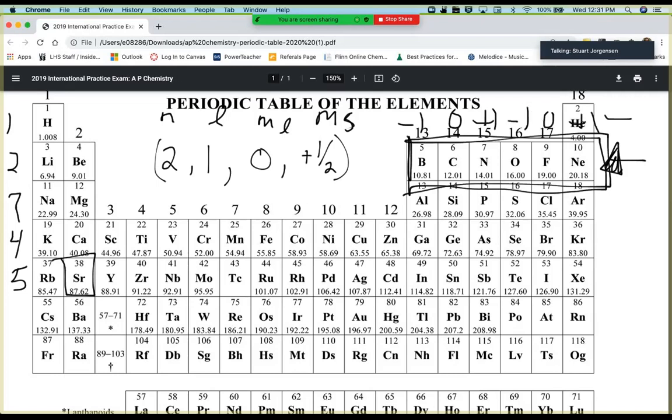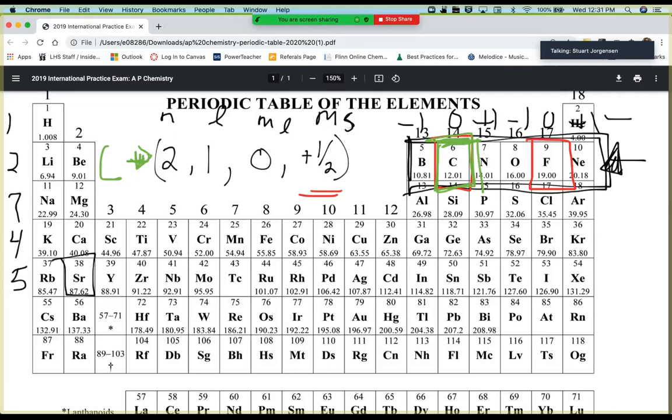If I know my M sub L is 0, that means it's either going to be this carbon or this fluorine. I look at my spin, and my spin is a +1/2, so it's the first electron to get filled in. It hasn't been paired up yet, which means it has to be the electron configuration or quantum numbers for carbon. Just think about how we would work backwards if we were given our quantum numbers.